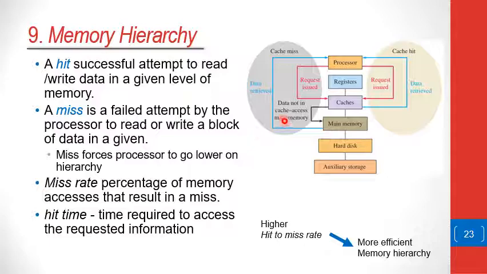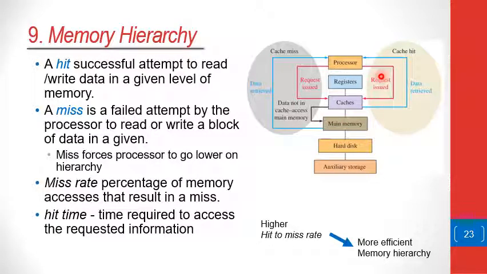Now, there are two other concepts, hits and misses, that we need to consider in assessing the efficiency of a hierarchy. Consider the figure: you have a processor on top which frequently accesses data from the memory hierarchy.